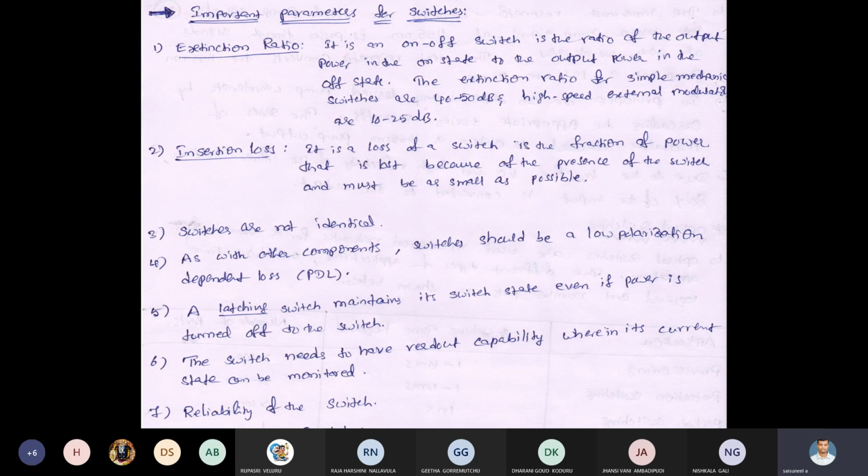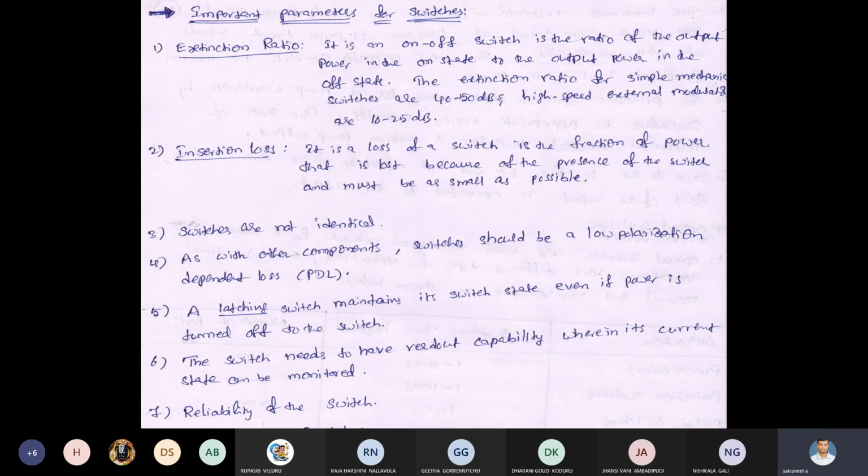For the on condition, the power is the numerator, and for the off condition, the power is the denominator. On power divided by off power gives the extinction ratio. Generally, the extinction ratio for a simple mechanism is 40 to 50 dB. For high speed applications, we get 10 to 25 dB. This is about extinction ratio.